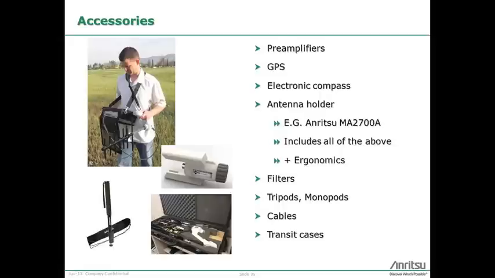It doesn't take up much space. You can make it long enough that you can put the antenna up in the air, away from some ground clutter. We have all kinds of cables available to hook up what you need to hook up, and transit cases both for the interference hunter and antennas as well as the instruments.